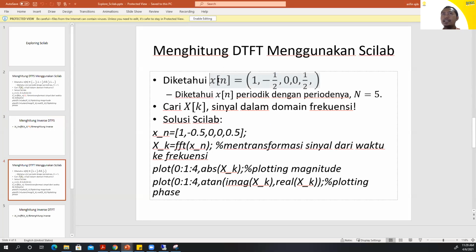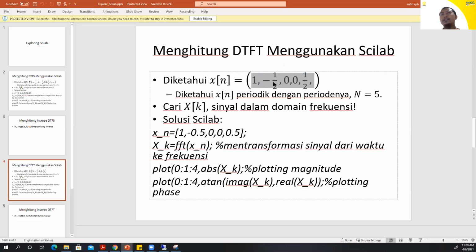The xn should be discrete and non-periodic. There is no infinity on the left side and no infinity on the right side, so the signal is only located at these points.